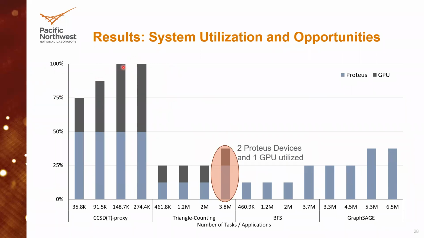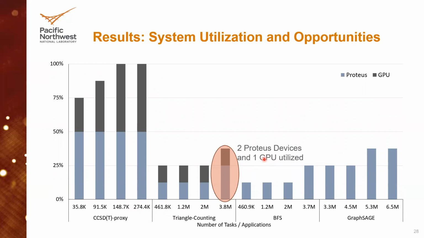This is another result showing how the system is being utilized. Here we can see for the dense case, we reach up to 100% system utilization for some inputs. Again, these are the number of tasks being generated at the MCL level. And here we can see that for sparse cases, we don't achieve full utilization of the system.